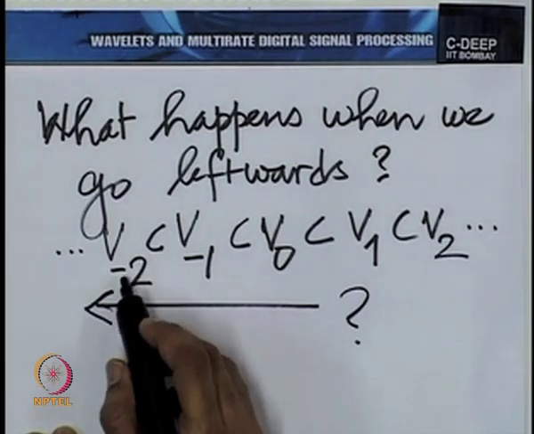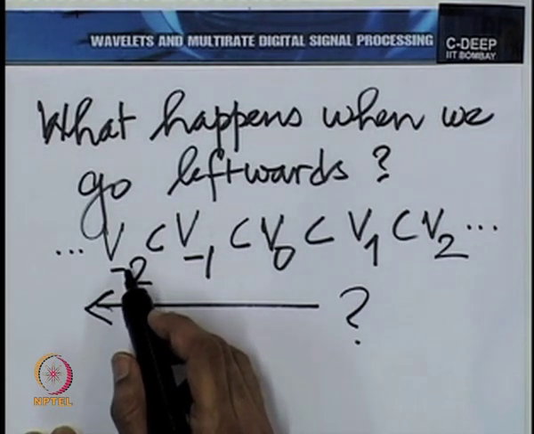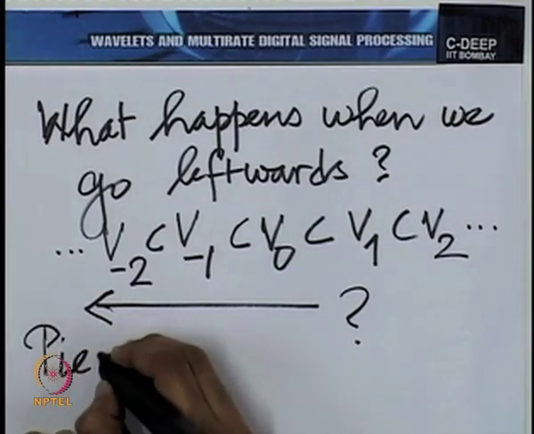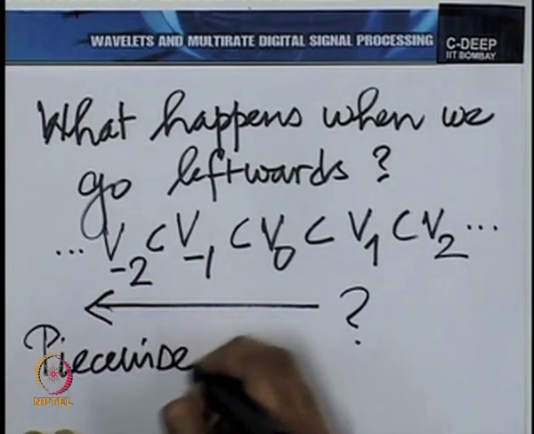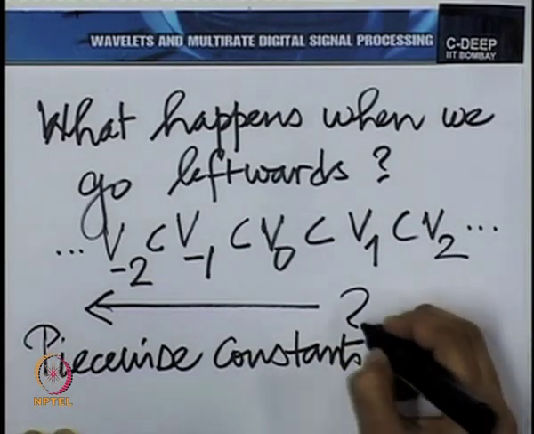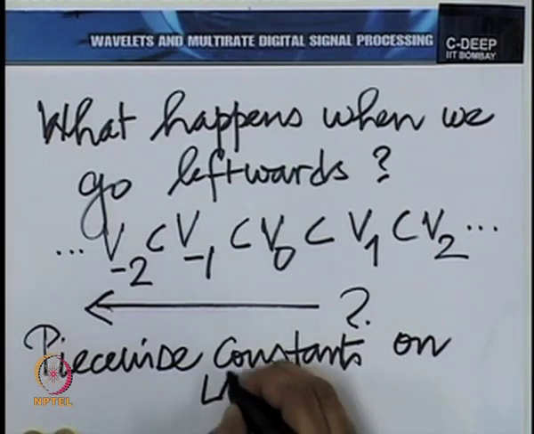What are we doing? We are taking piecewise constant functions on larger and larger intervals. Let us write that down. So, piecewise constant functions on larger intervals.